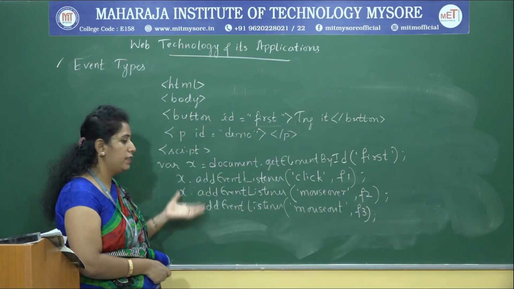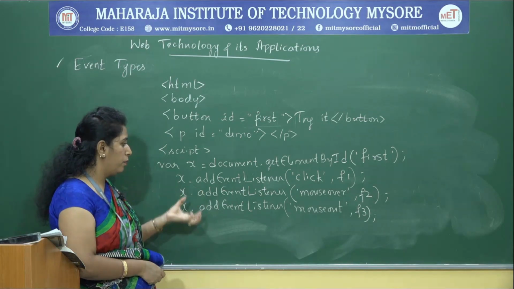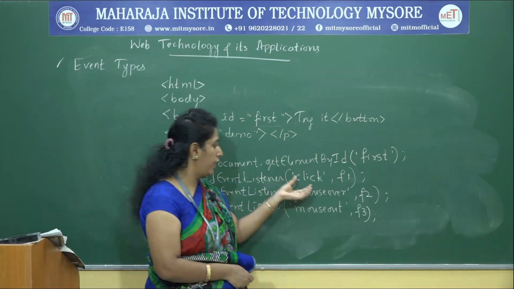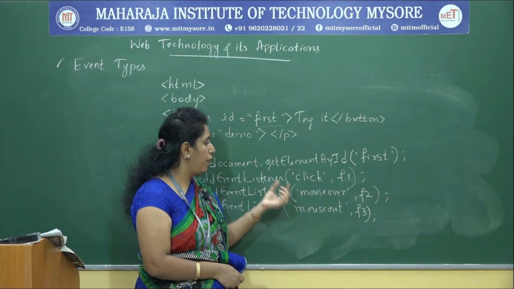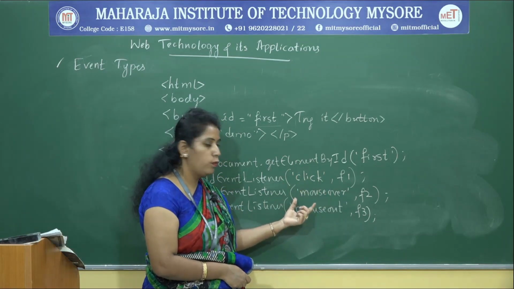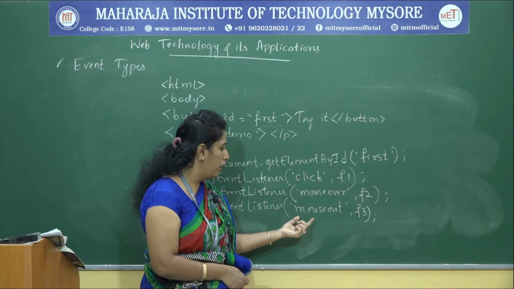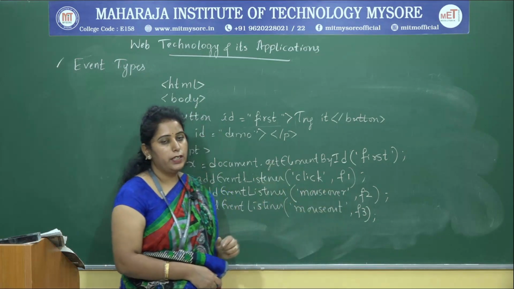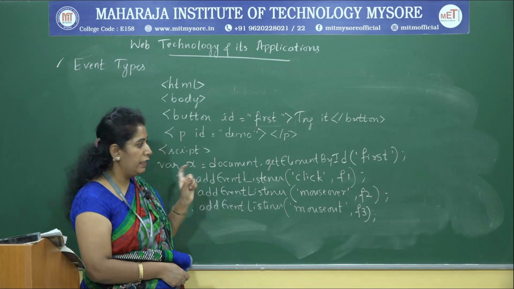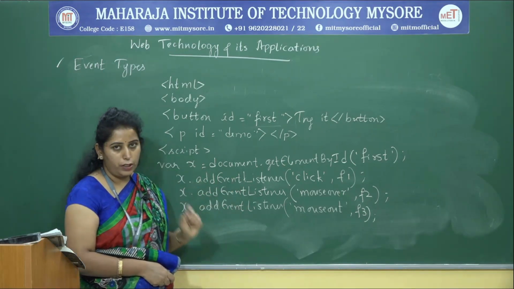So here in this example, I have used multiple handlers to work with different mouse events. If I perform a click operation, function1 gets called, mouseover means function2 gets called, mouseout means function3 gets called. Now I have to write a definition for each of the functions.